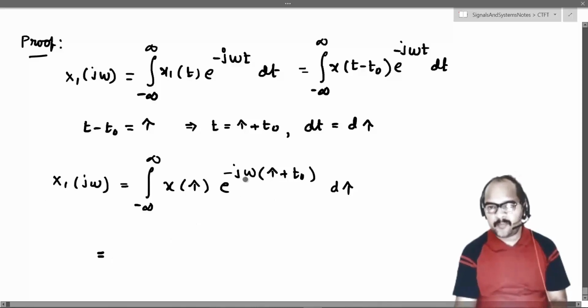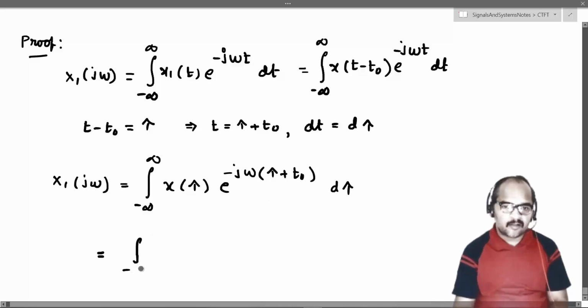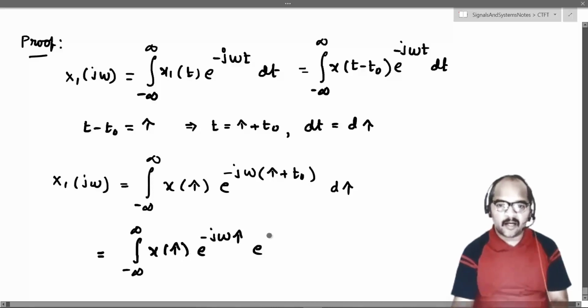You will get e power minus j omega tau multiplied with e power minus j omega t naught, because the integration is with respect to tau. So this is nothing but the integral from minus infinity to infinity of x of tau e power minus j omega tau e power minus j omega t naught d tau.